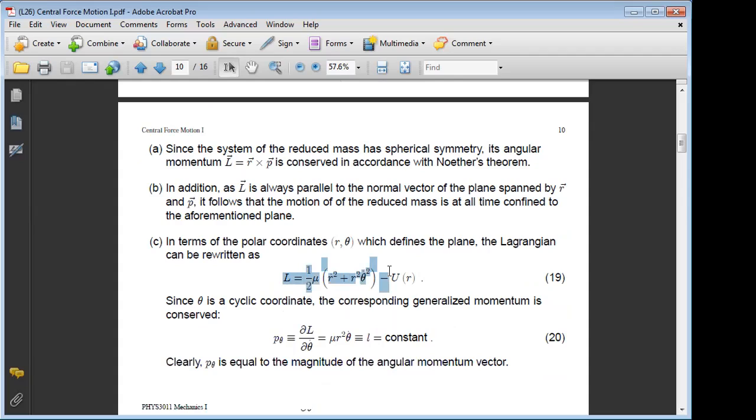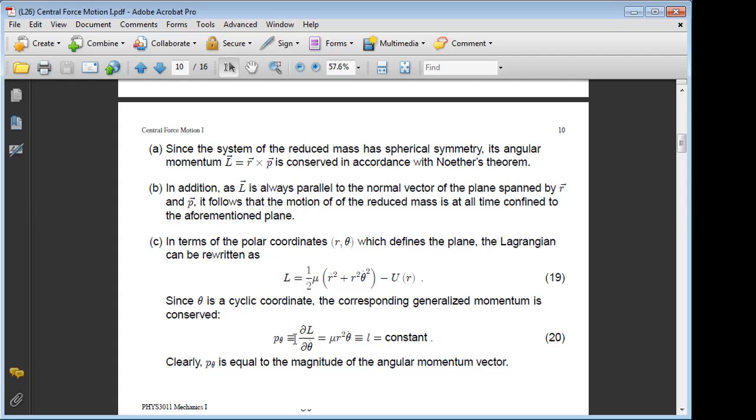Now, if we take a closer look at equation 19, which defines the Lagrangian of the system, or the Lagrangian of the reduced mass particle, we can see that the angular coordinate theta is a cyclic coordinate, all right?